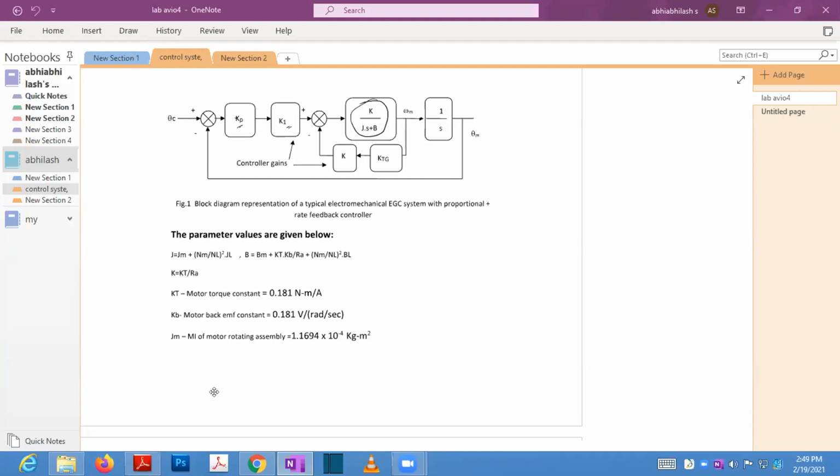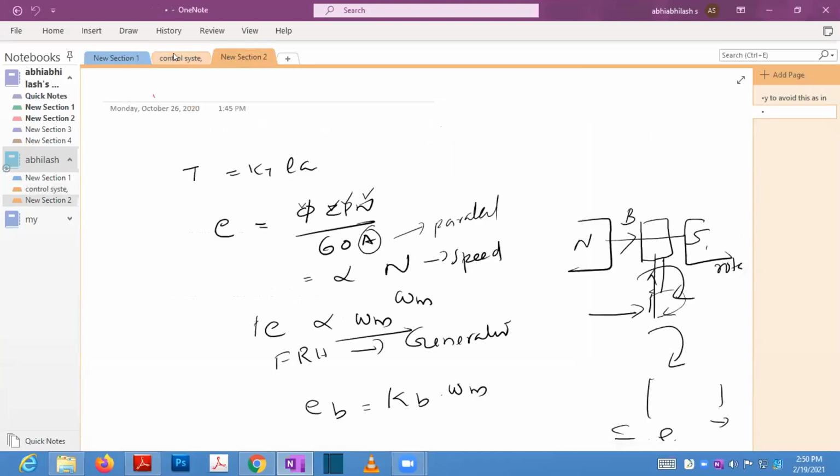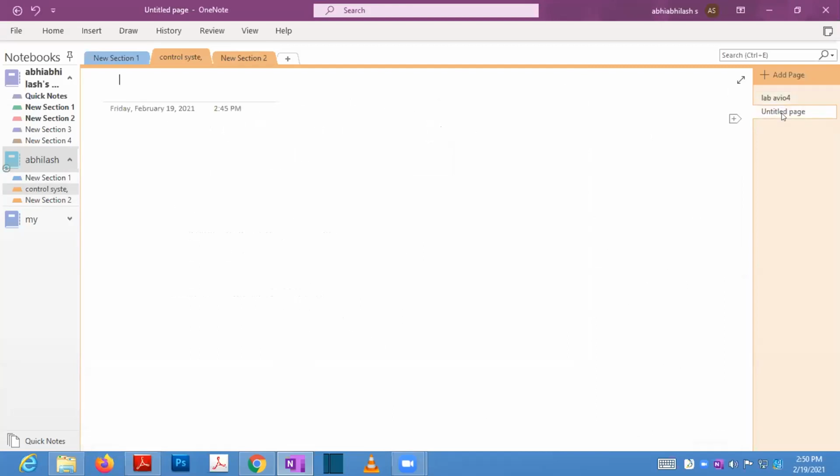You understand how these equations are obtained, right? No, sir. So Samsar has taught these things, I think. Otherwise, we can do a quick review of those things.